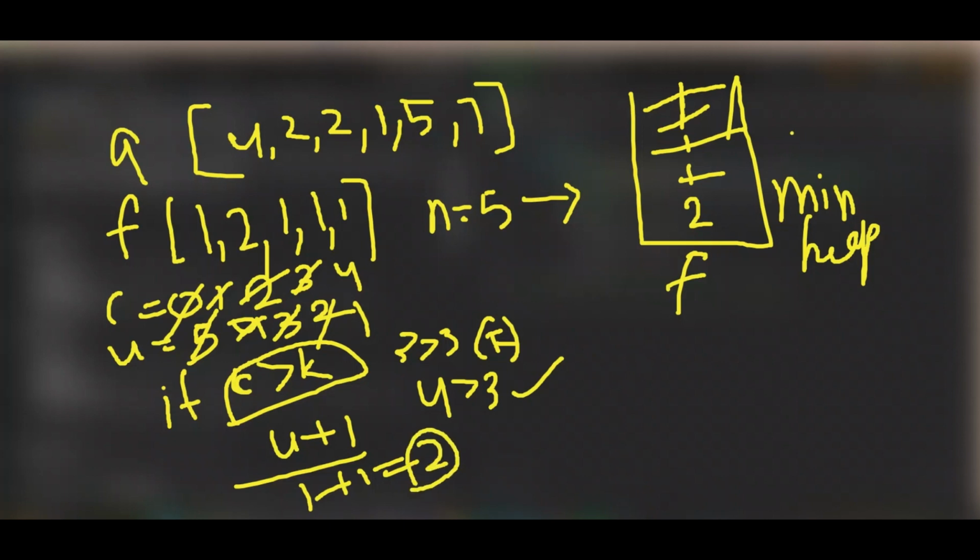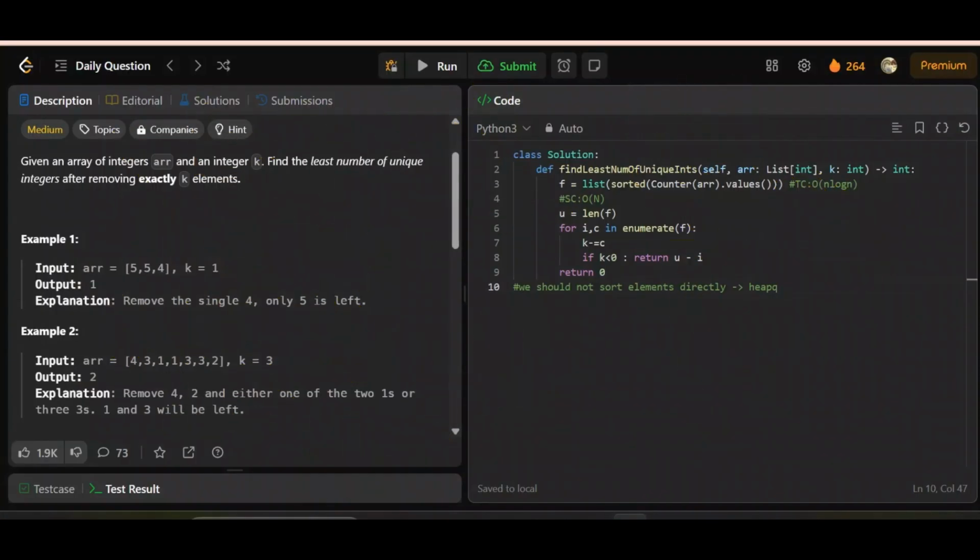Let's check the time complexity here. The heapifying of the array will be n log n, and space complexity will be n. Let's do the code part. Let's say f equals list of Counter of array dot values.